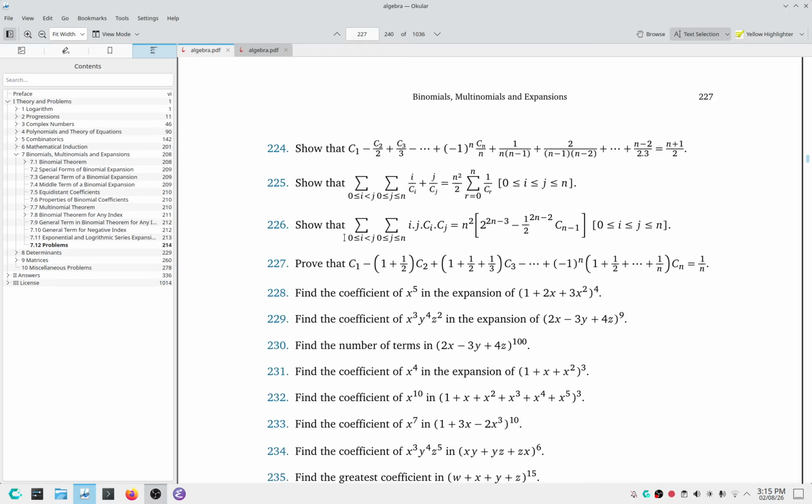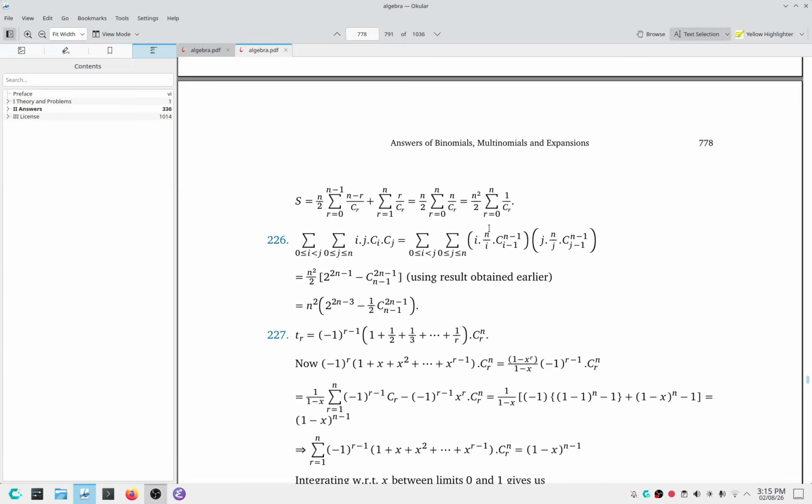Question 226 says that sigma, same sigmas are there, and the term which we have to consider for sum is i into j into ci into cj is equal to n square times 2 to the power 2n minus 3 minus 1 upon 2. This should be 2n minus 2 c n minus 1 here.